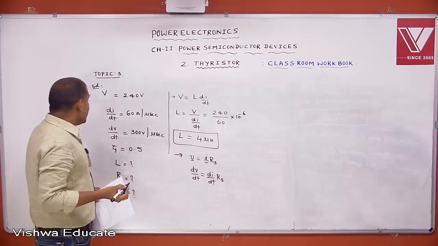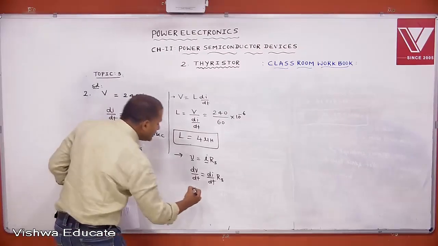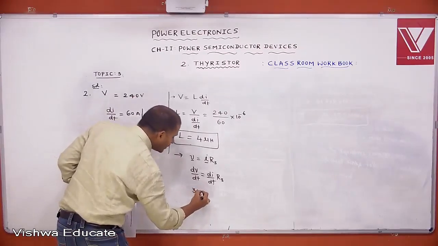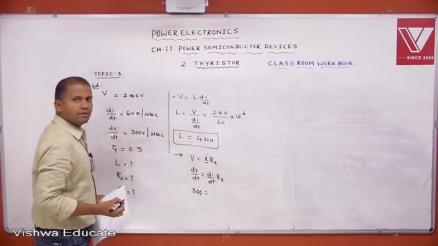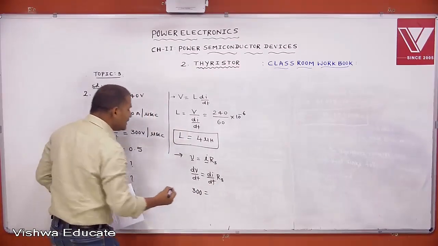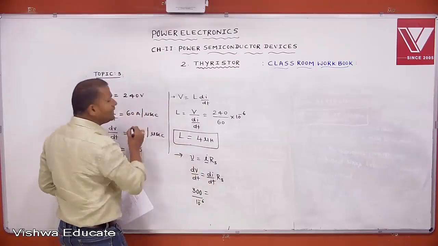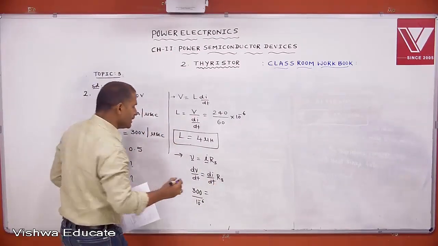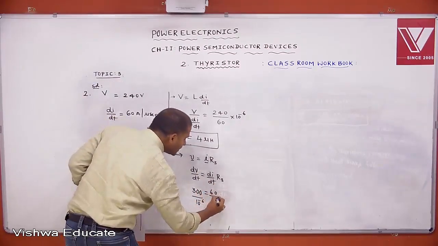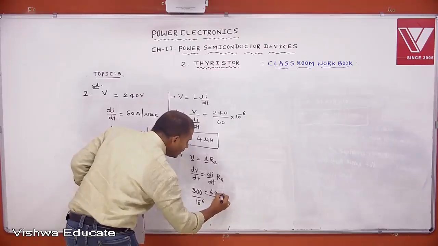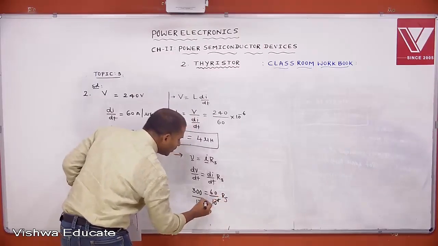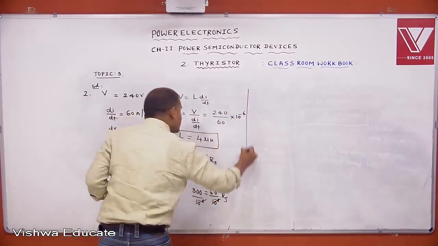dV by dt is given as 300 volts per microsecond. di by dt is given as 60 amperes per microsecond, into Rs. The micro cancels; microseconds is cancelled.